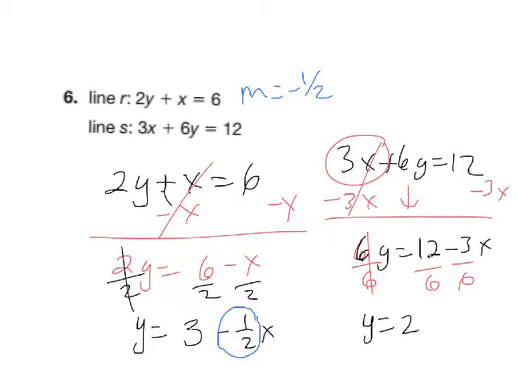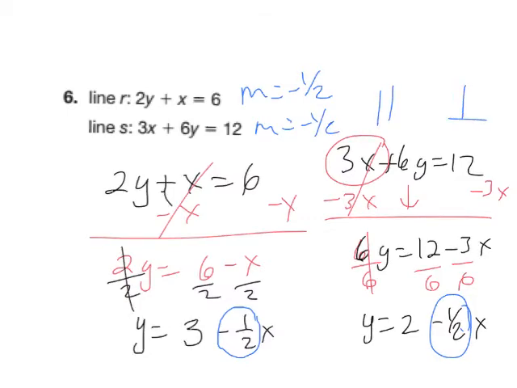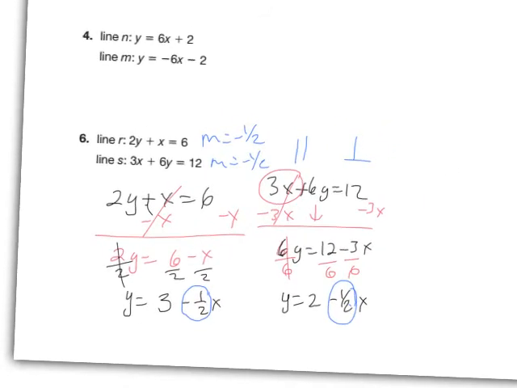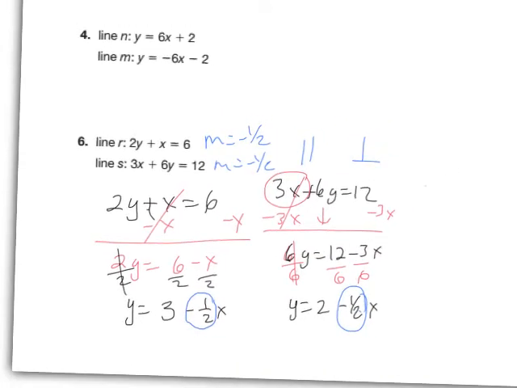And 3 over 6 is negative 1/2 x. So look at this, same, therefore parallel. That's the symbol for parallel, and this is reciprocal, okay? So that's how you do it. Make sure that you go slow and steady on these, okay? Especially when they're in standard form.